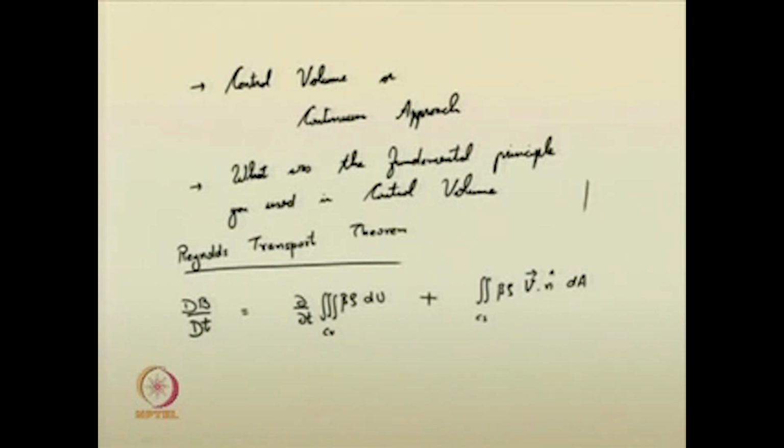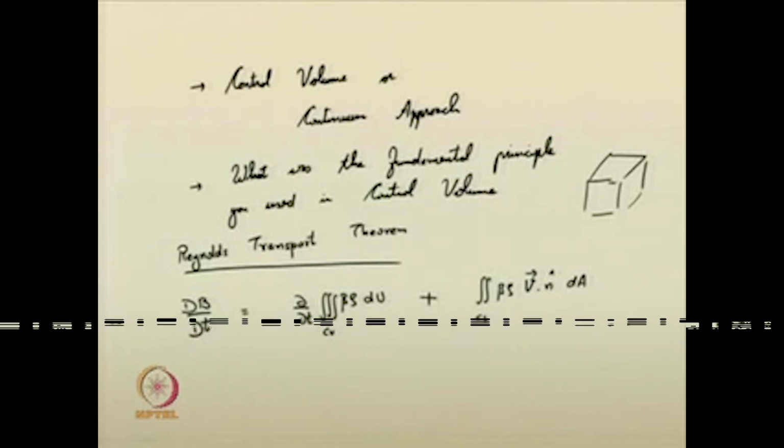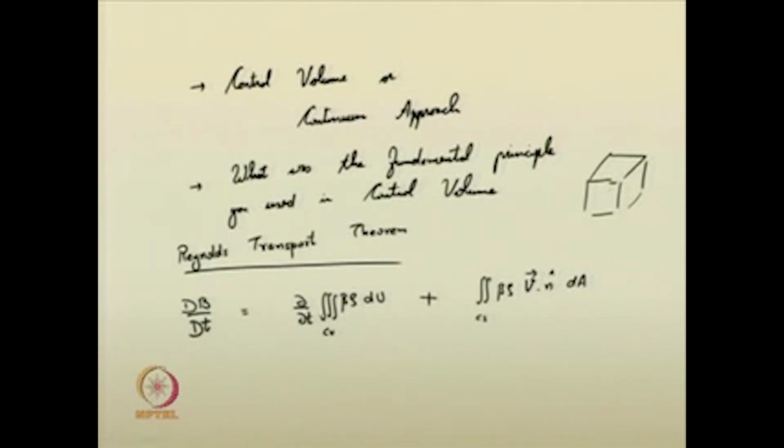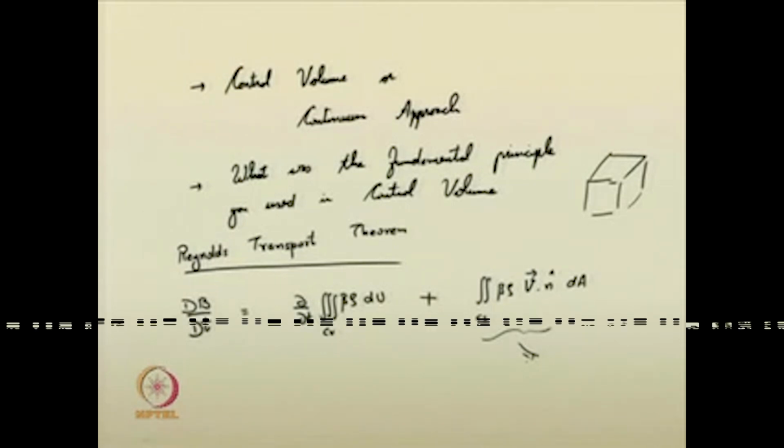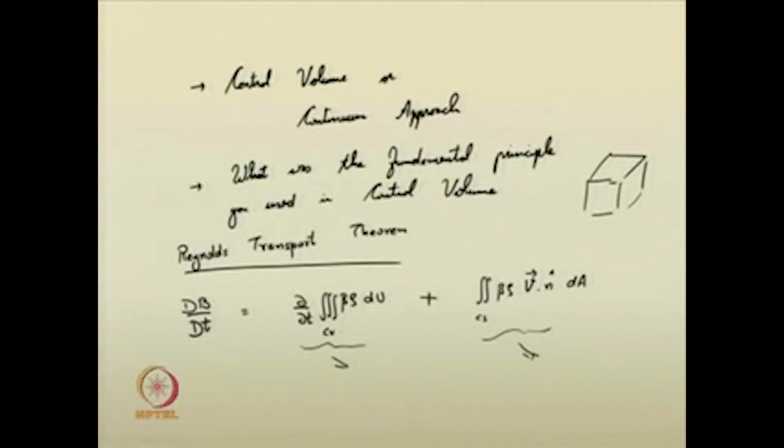If you have a cubical control volume, it has 6 surfaces. The net outflux from these surfaces is given by the second term, while the rate of change of extensive property stored inside the control volume is the first term in the Reynolds transport equation.